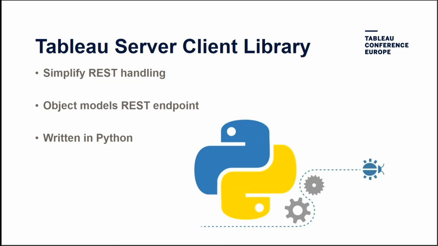What you've seen now in a raw format can now be done with code, much more easily. As an example, to publish a workbook to a Tableau server would take 300 lines of code if you use the raw REST API. If you use the server client library, that is reduced to just 20 lines of code.